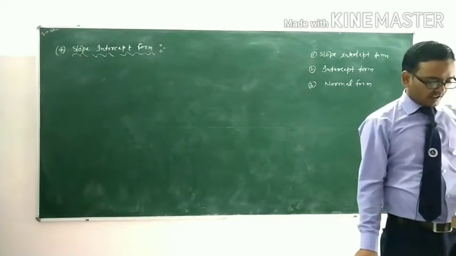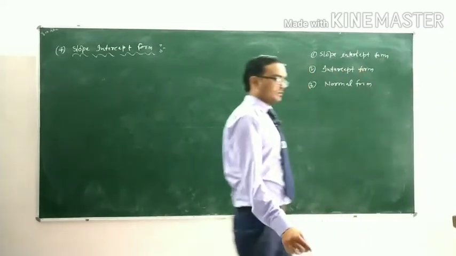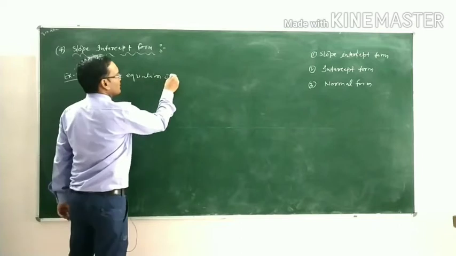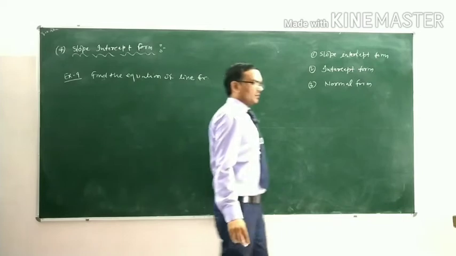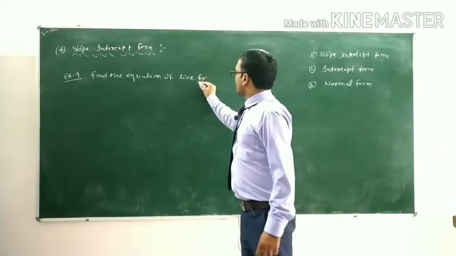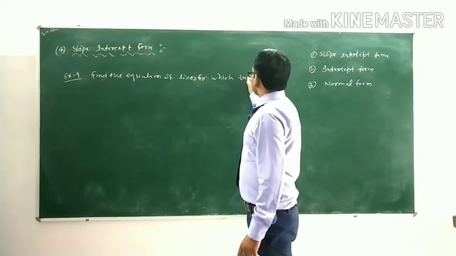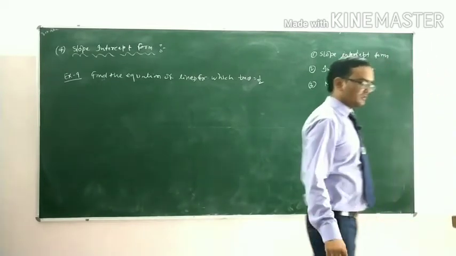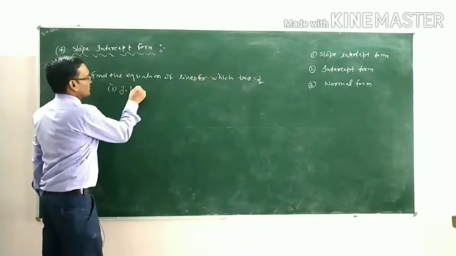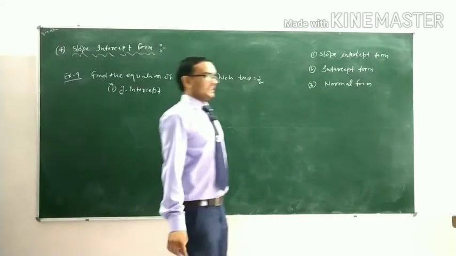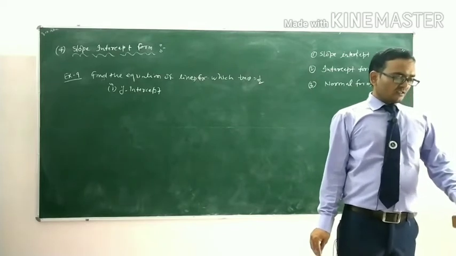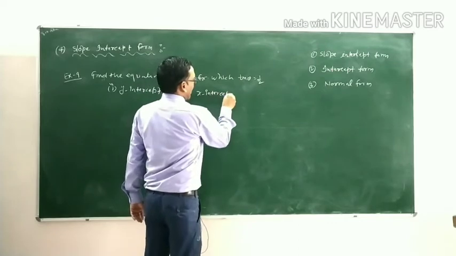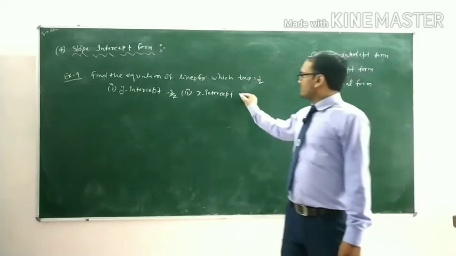Write the equation of the line for which tan theta equals 1/2, where theta is the inclination of the line, and the y intercept is minus 3/2, and the x intercept is 4.